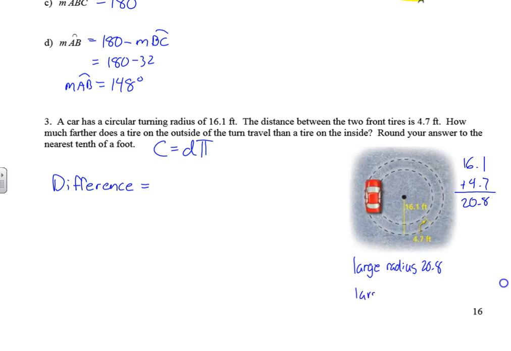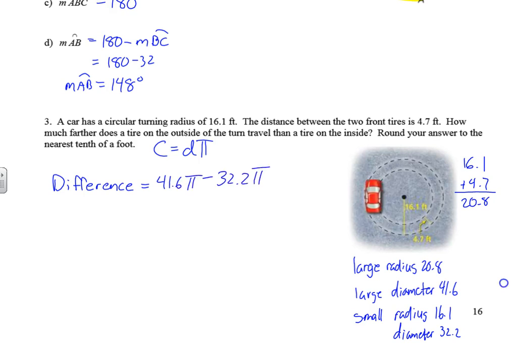That means the large diameter would be 41.6. So the small radius, or the inside one, which is 16.1, has a diameter of 32.2. So we're taking the difference in the circumference, which would be 41.6 pi minus 32.2 pi.